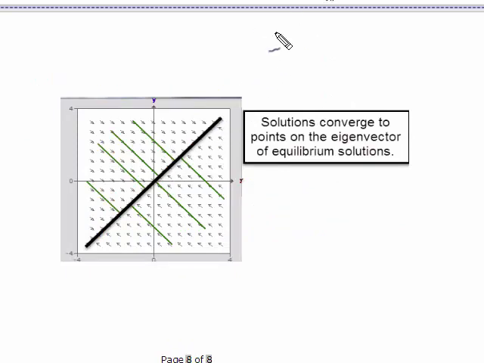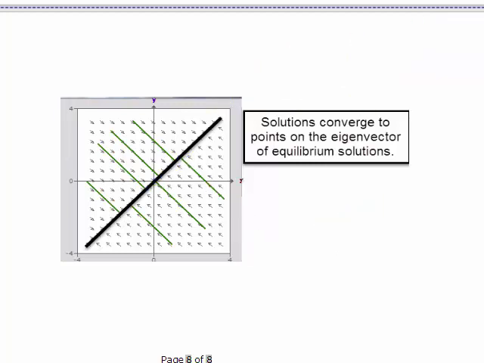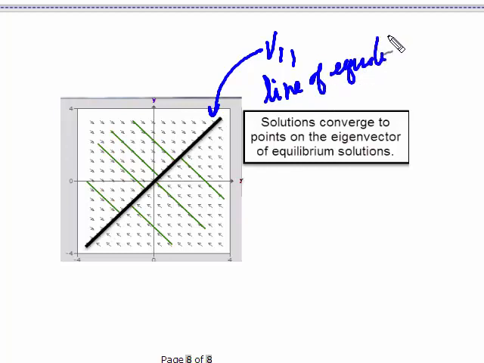So here was the first eigenvector right here, v1. Okay, so I'll write this down again, sorry about that. Here is that eigenvector v1. It's also the line of equilibrium solutions. Every point on this line is an equilibrium solution.